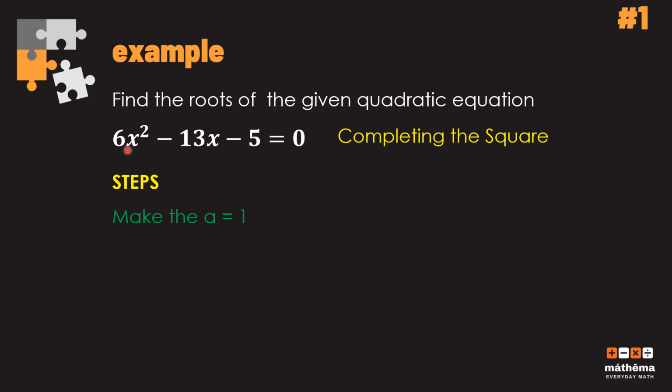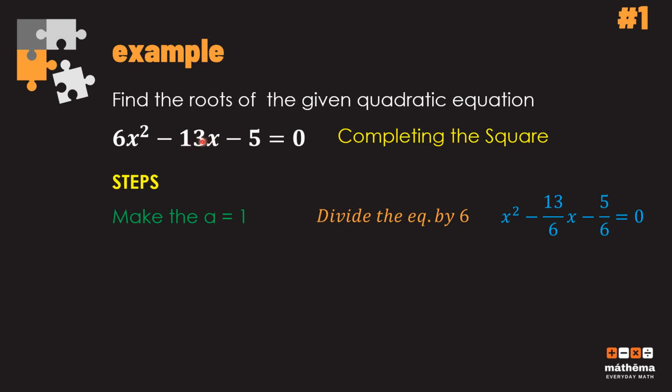To make a number equal to 1 is just simply divide it by itself. So we are going to divide the entire equation by 6. Again, the sole purpose of that is to make our A equal to 1. So when we divide this entire equation by 6, this is what will happen. 6x squared divided by 6 is just x squared.